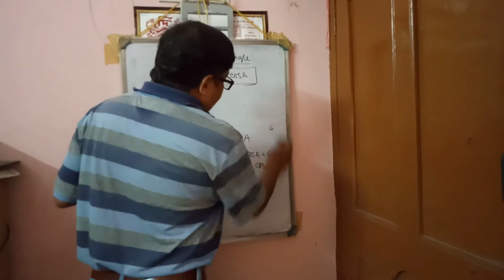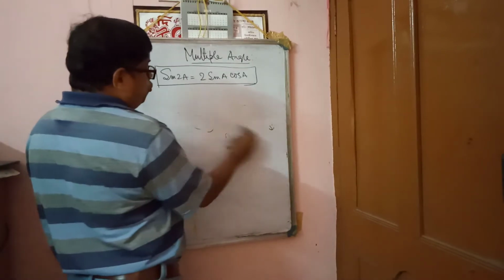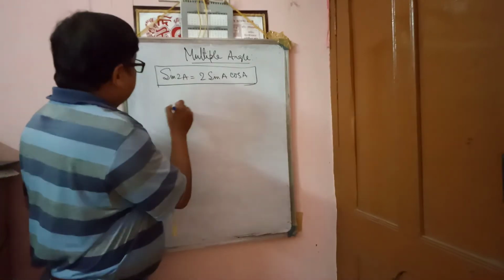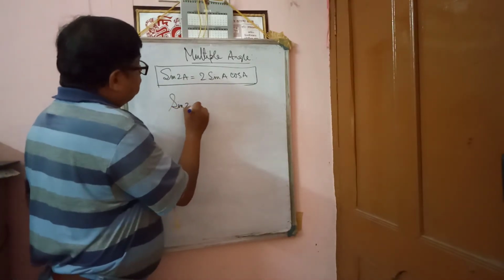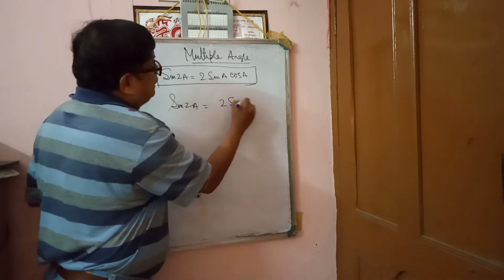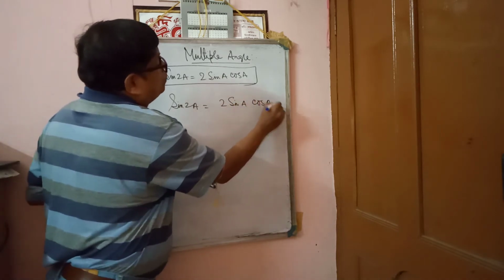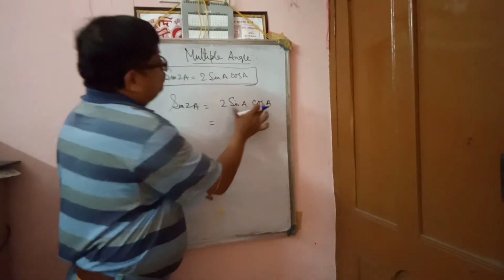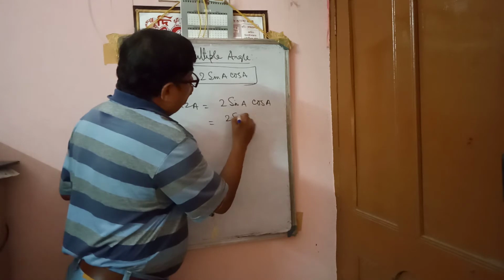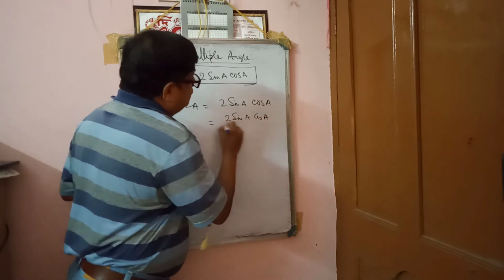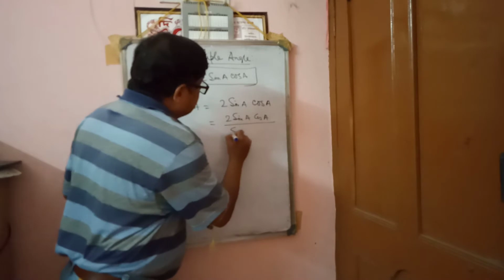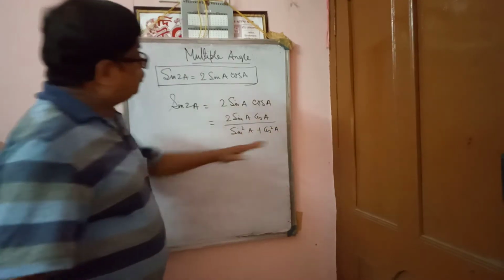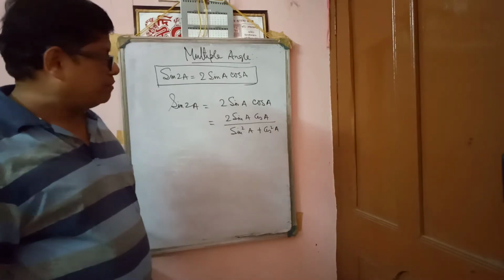Now we have to convert this formula into tan form. So sin 2A is 2 sin A cos A, which you can write as 2 sin A cos A by sin square A plus cos square A, because sin square A plus cos square A is one.